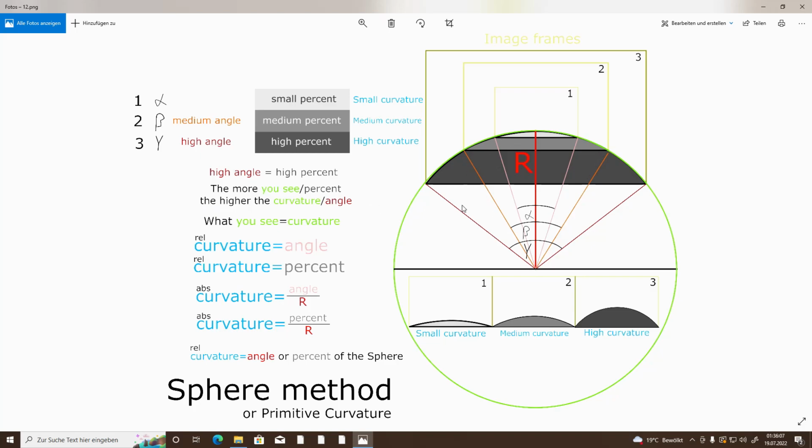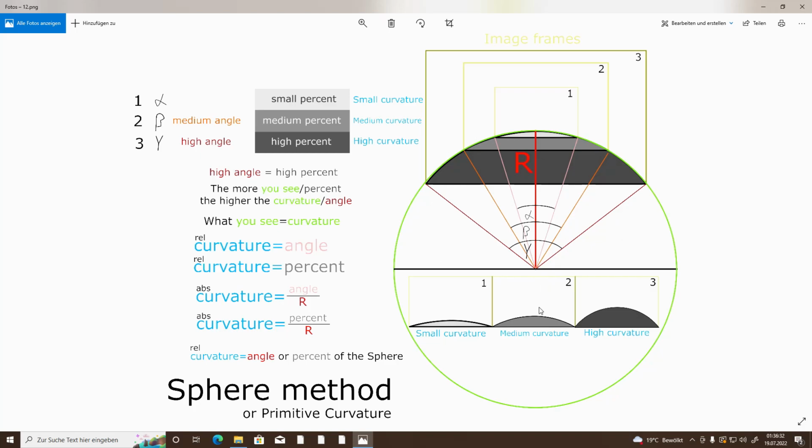In the sphere method, they're one and the same basically. You can say what you see is curvature. The more you see, the more curvature you see. Relative curvature, the angle. That's because we have no other size, so it doesn't matter how big the sphere is.